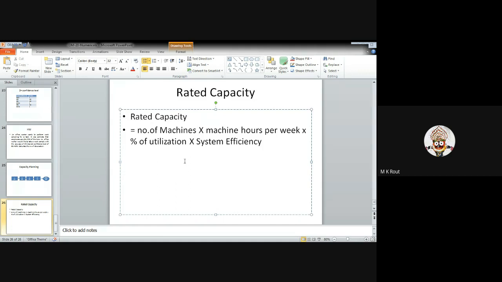There are 5 number of machines of same capacity in the work center. Full stop.